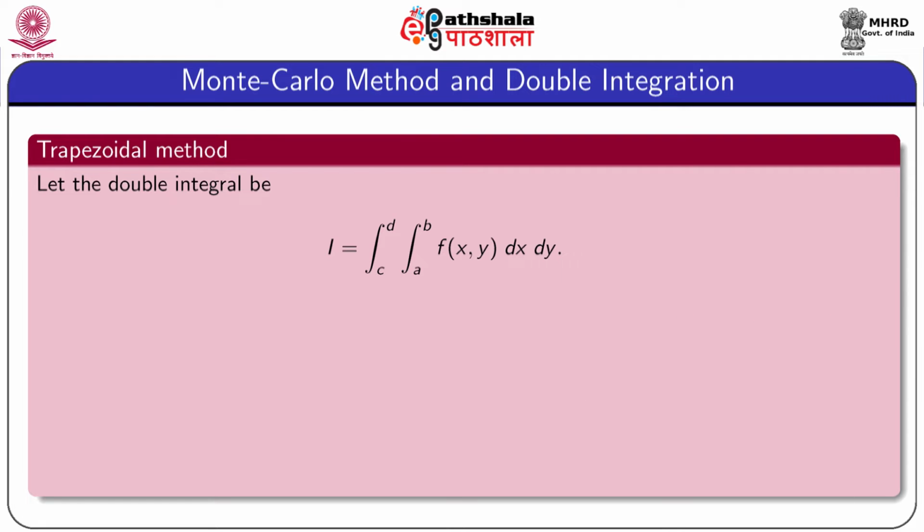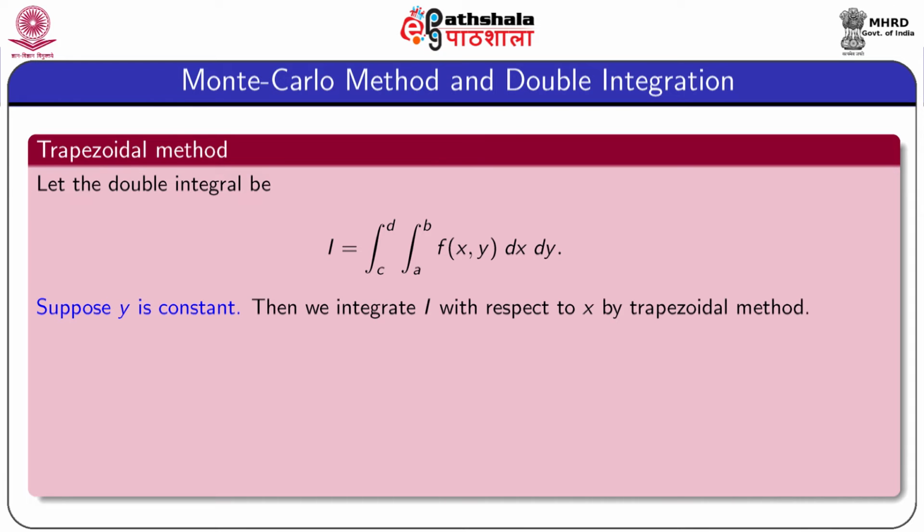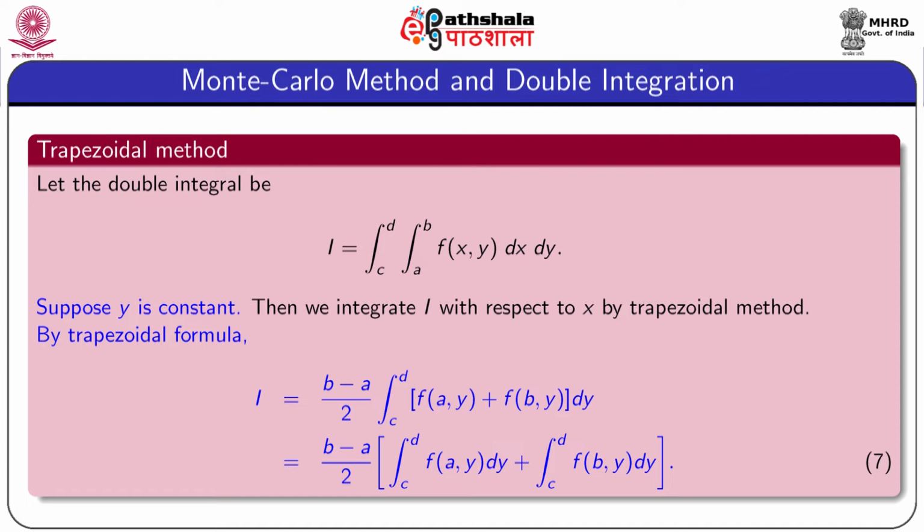Now, we consider the trapezoidal method, which is similar to the method described in module 2 of this chapter. The integral is this one. Assume that y is constant, then we integrate I with respect to x by trapezoidal method, which is given by equation 7. Note that I equal to b minus a by 2, integration c to d, f of a comma y plus f of b comma y, dy.